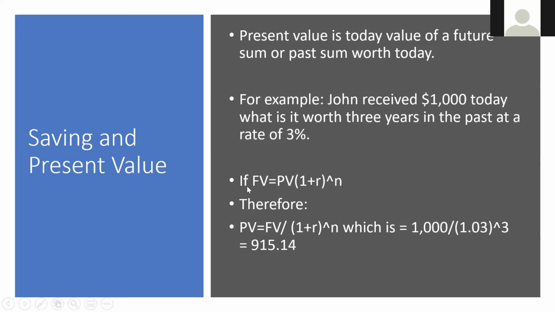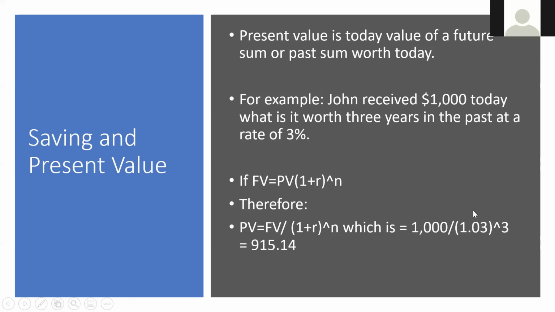So we know initially we had future value is equal to present value, open bracket 1 plus r, raised to the n. Now we're going to rearrange this and make present value the subject of the formula. So present value is equal to future value divided by 1 plus r raised to the n. So we had before 1,000 today, in 3 years at a rate of 3%.